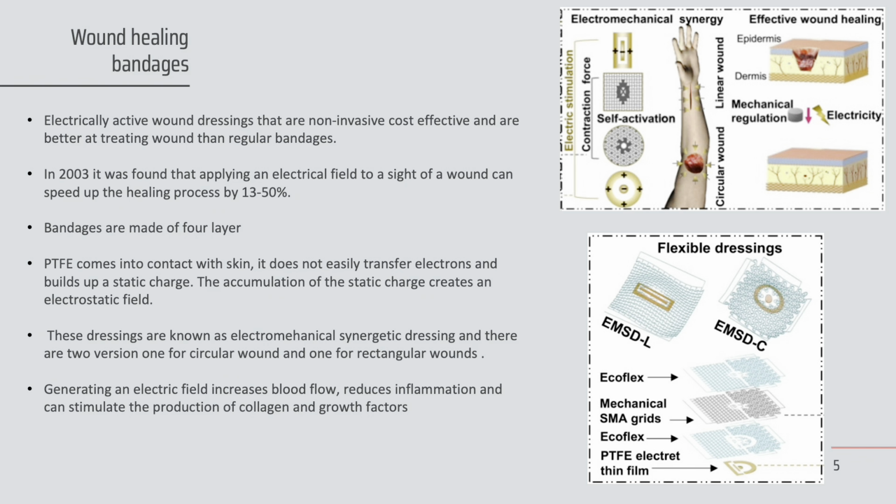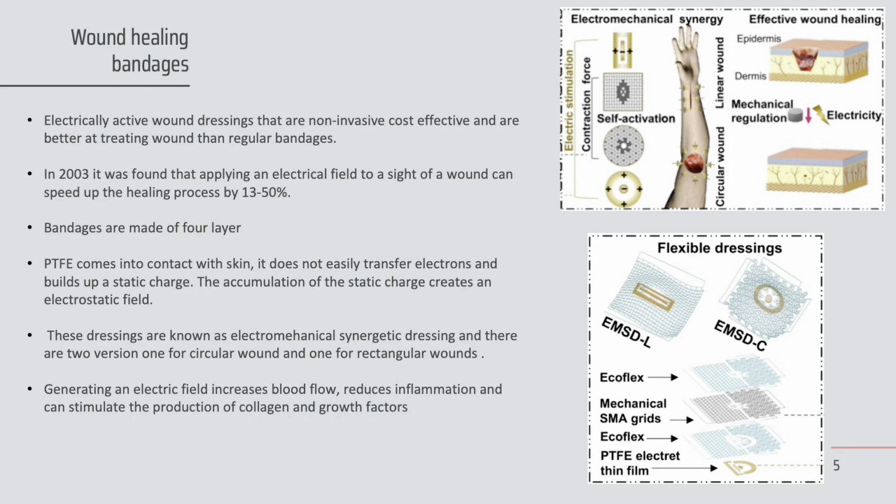Charged polytetrafluoroethylene plastic, which has the ability to generate an electrostatic field when placed in contact with skin, can do that because polytetrafluoroethylene is a highly nonpolar material and has a very low dielectric constant and loss tangent. This means that it has a very low ability to store electric energy and a very low ability to dissipate electric energy as heat.